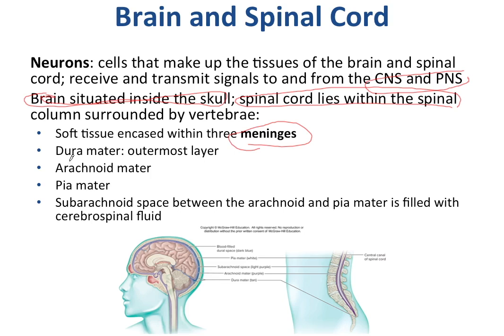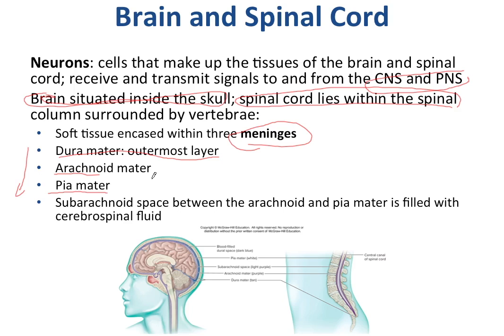From outside to inside, the outermost layer is the dura matter, and then the arachnoid matter. The third layer is the pia matter. The pia matter is tightly attached to the nervous system.